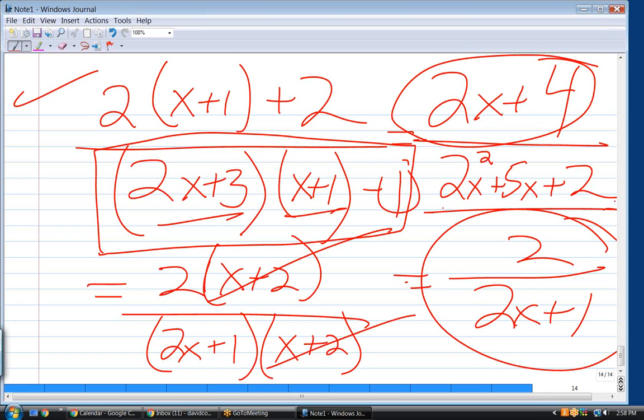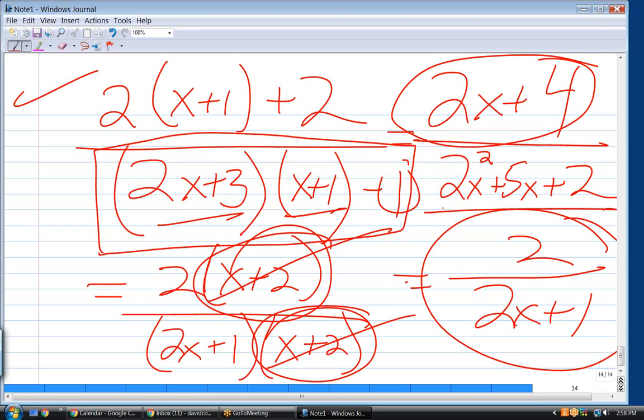If I ended up with a quadratic that did not factor and I couldn't cancel anything, then I can't do anything with the problem. So you almost have to proceed under the assumption that you're going to end up with a quadratic that you can factor. Right. And in fact, once I factor it, I see I have the same factor in the numerator as in the denominator, and now I can make a lot of progress by canceling.